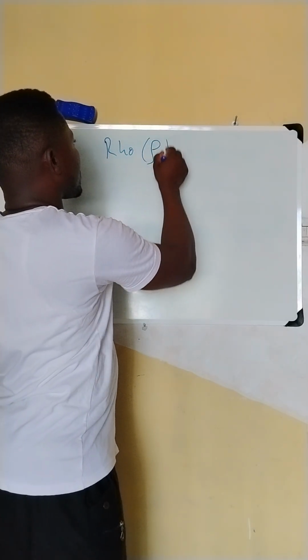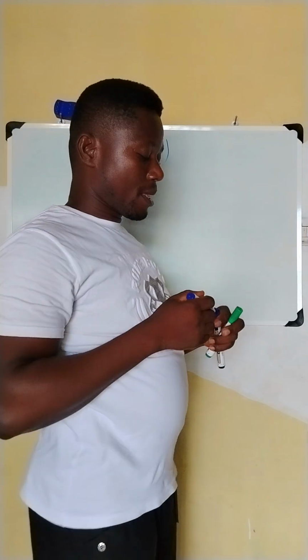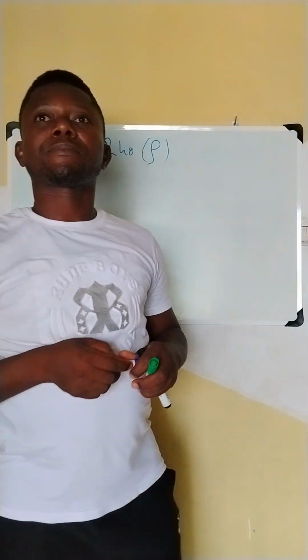This is the symbol. It stands for resistivity. Each material has its own resistivity value. That is why copper is used for wiring, and rubber is used for insulation.